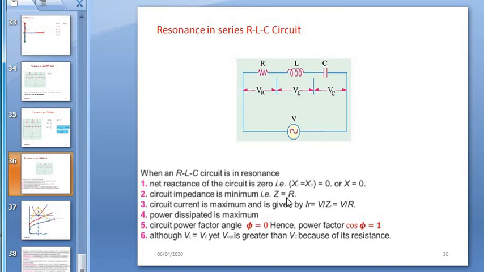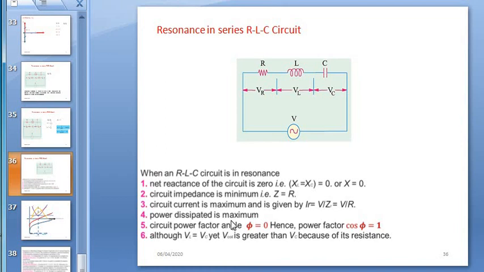When impedance is minimum, when opposition is minimum, obviously the current will be maximum. Impedance is the opposing factor for the current. Therefore, the circuit current is maximum under the resonance condition and is given by I equal to V divided by Z, or Z is equivalent to R, therefore V divided by R. The power dissipated under this condition is also maximum.